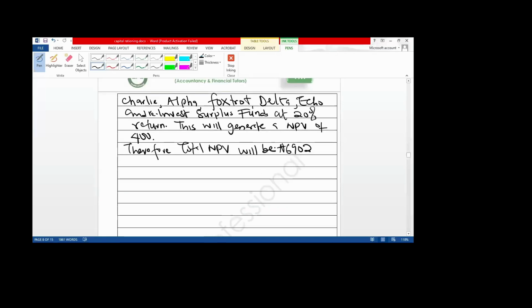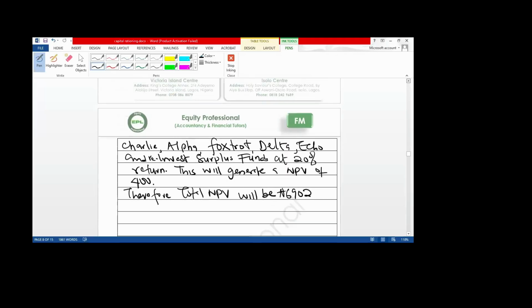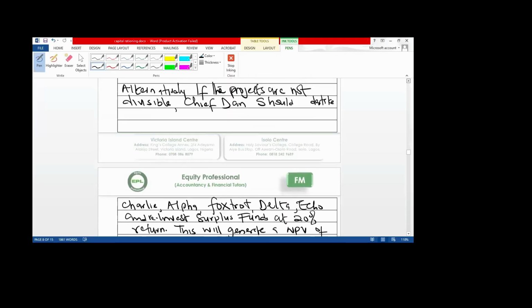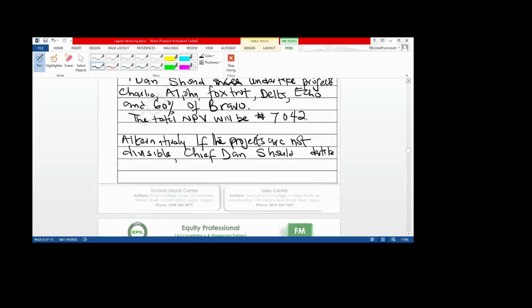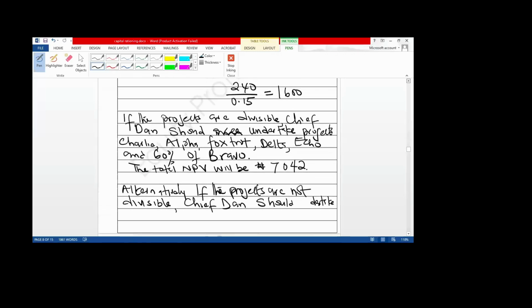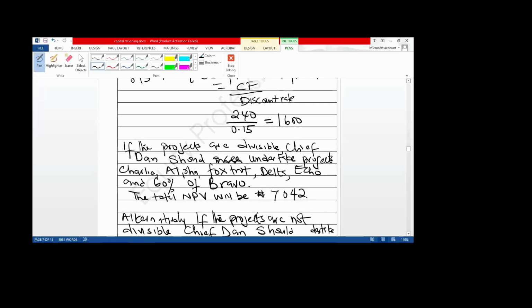So that will be the solution if the projects are independent, and we are not done with the question.